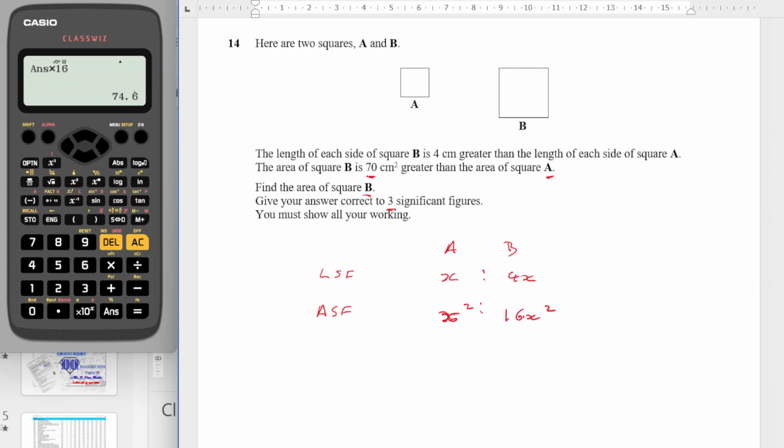So if we talk about the difference, this one has 15x squared more. So 15x squared is equal to 70.